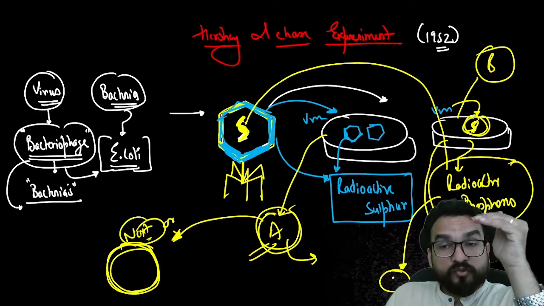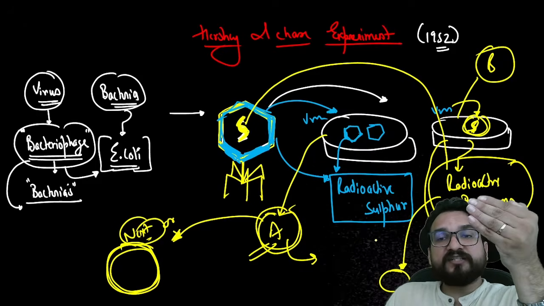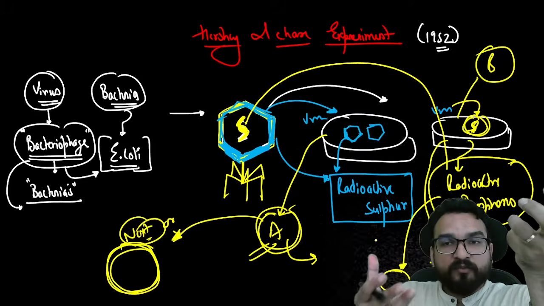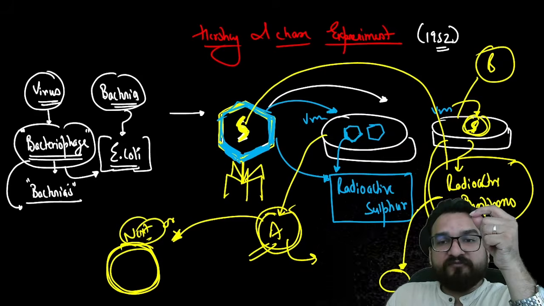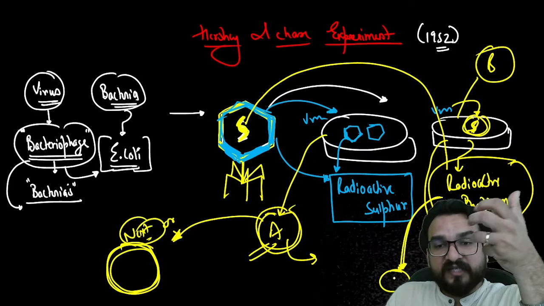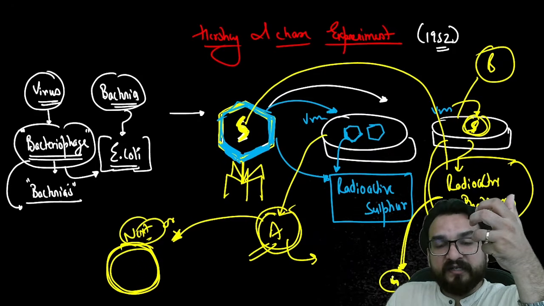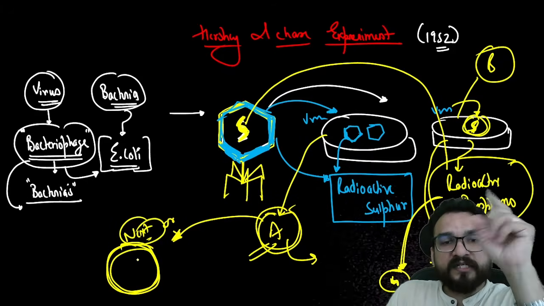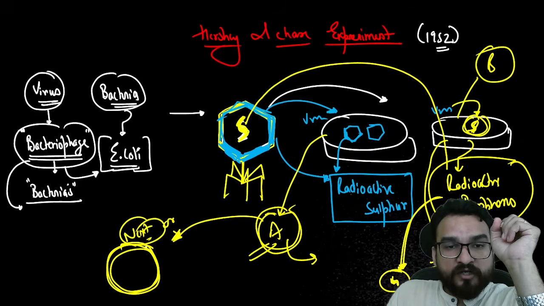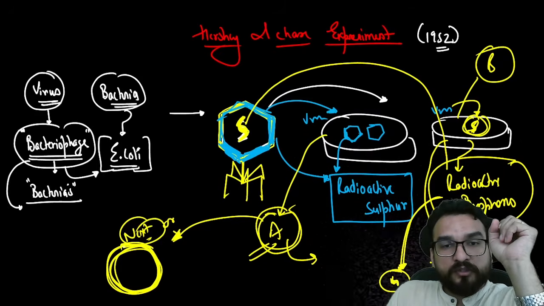Right now you must know that DNA is basically your genetic material, the heredity. So DNA will be passing the radioactive phosphorus to the next generation and will be showing the radioactive DNA. Whereas protein will not be passed to the next generation because it is not the genetic material, right? So it will not have the radioactive protein coat.